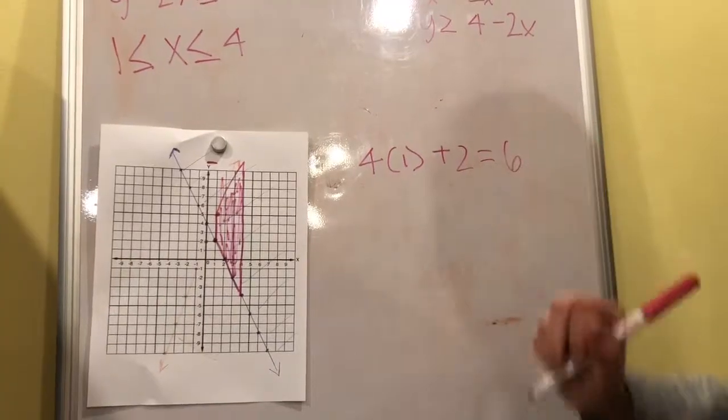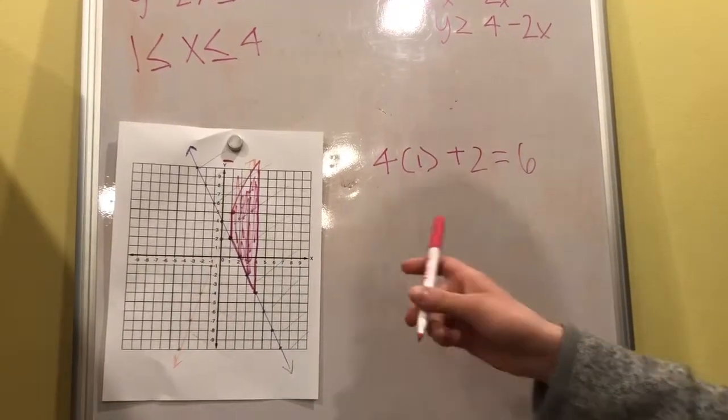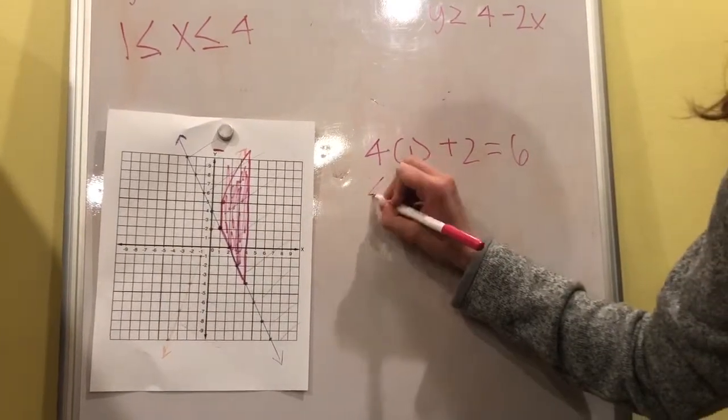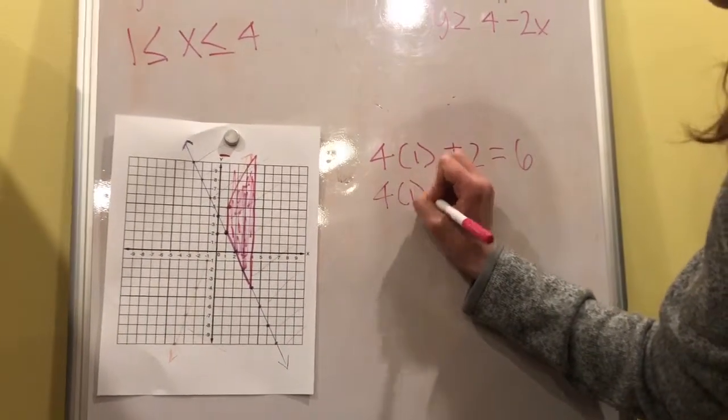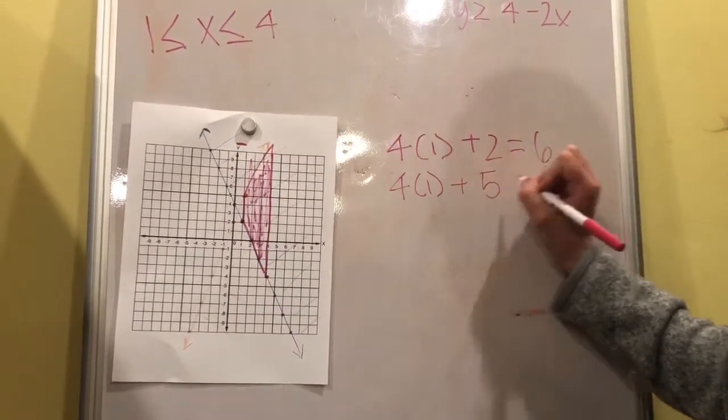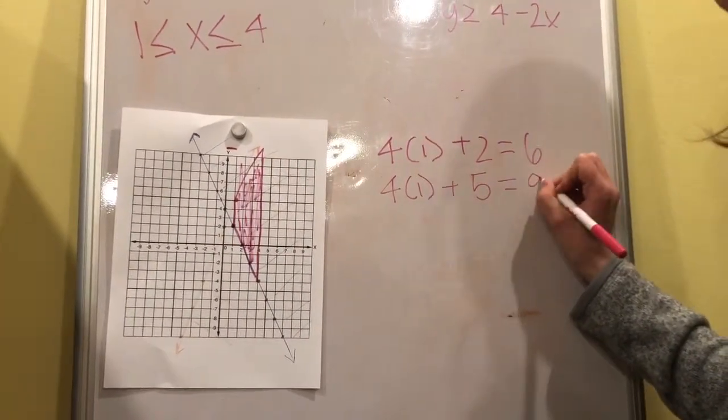So it equals 6. Then you go to the second point. So you do 4 times 1 plus 5. So you get 9.